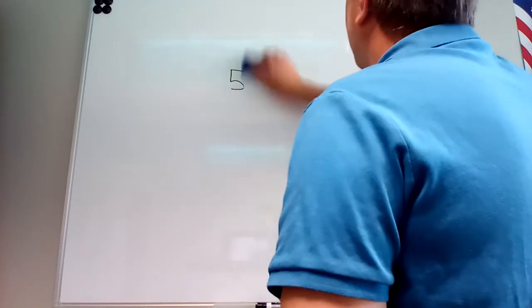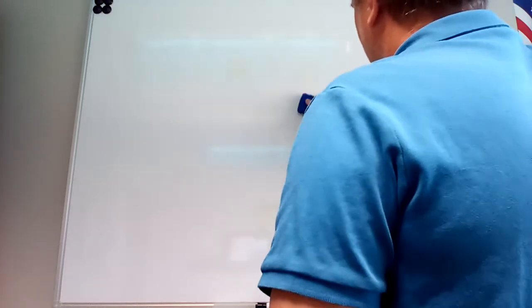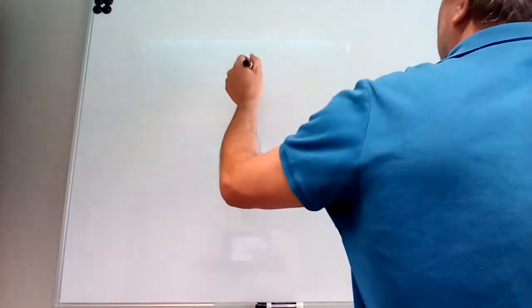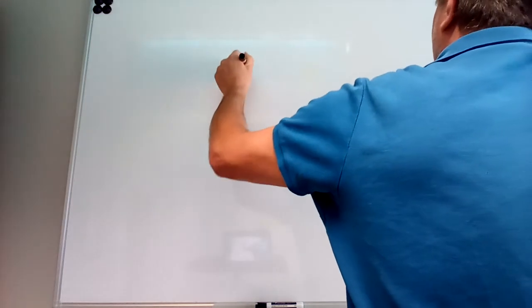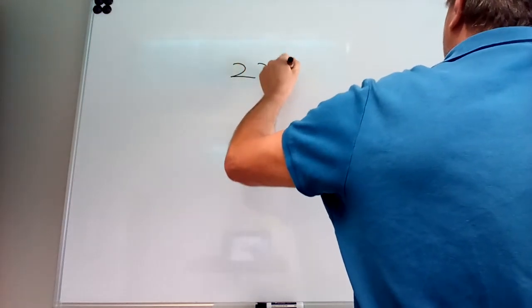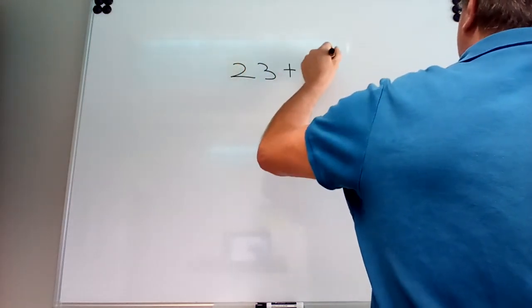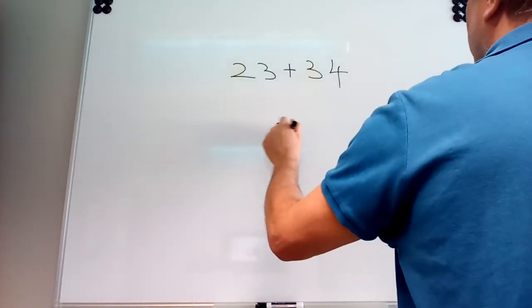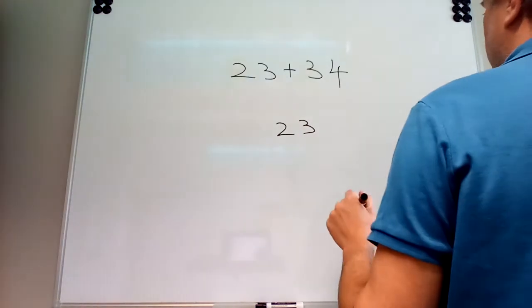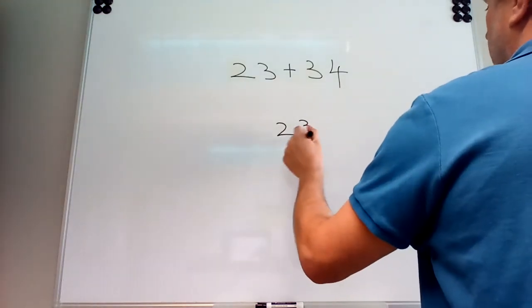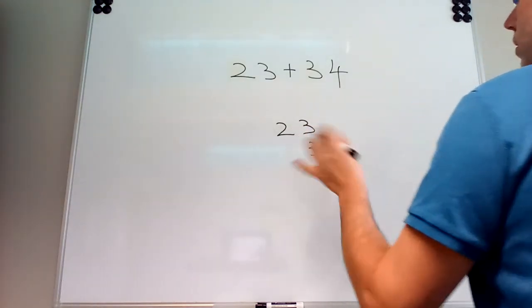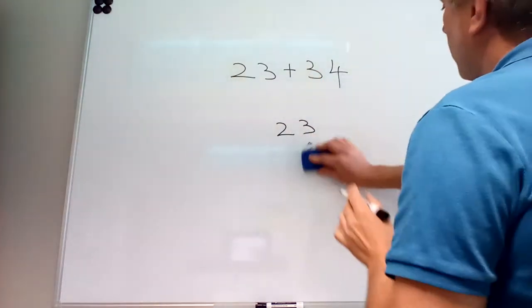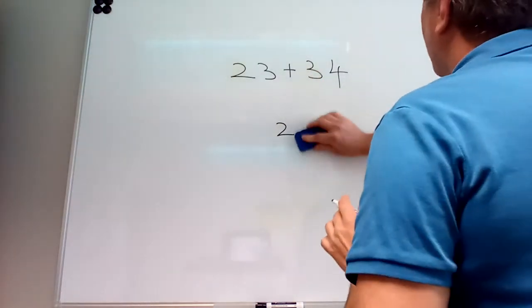The reason it's important to know how to line them up correctly is if we have, say, 23 plus 34. If I put my 23 here and line it up like this, that could get confusing. So it's really important that the numbers line up perfectly.